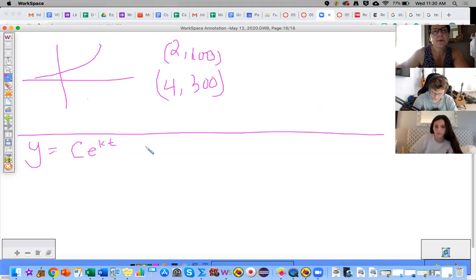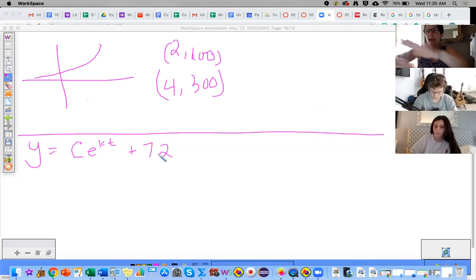It falls under what's called Newton's law of cooling. If the room temperature is 72 degrees and we leave something in there and nobody disturbs it, if something is hotter than that, it's going to cool to 72 degrees. If something is cold, it's going to warm to 72 degrees. It's a beautiful thing.